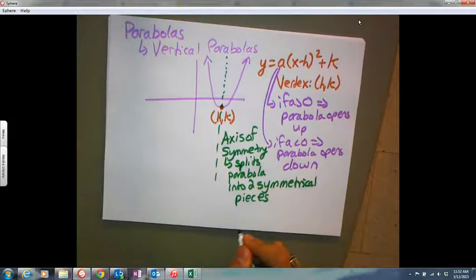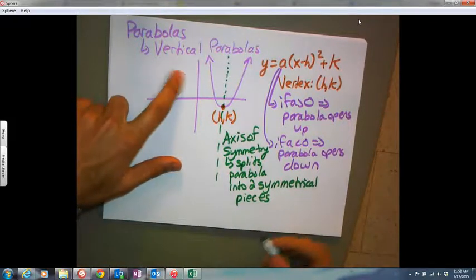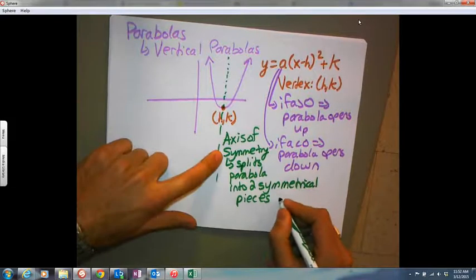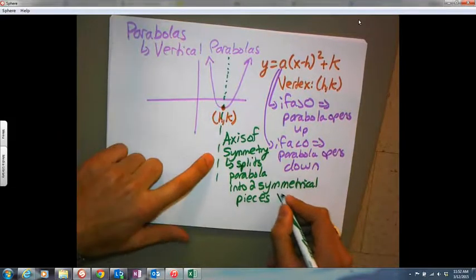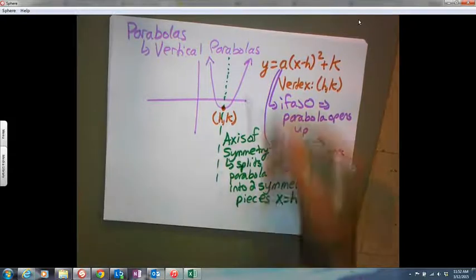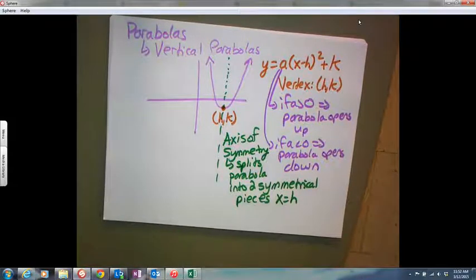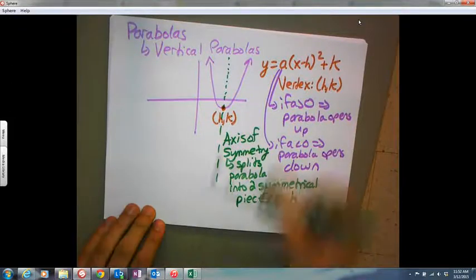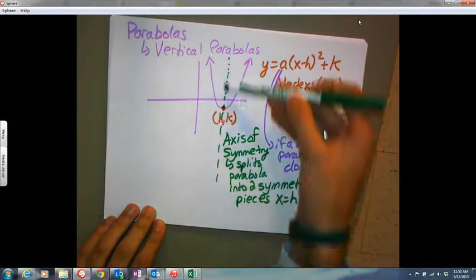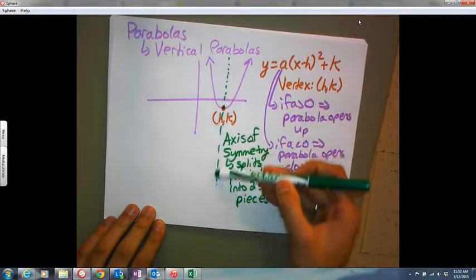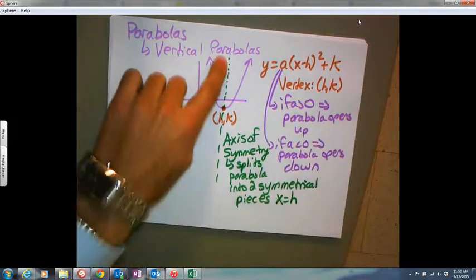And for vertical parabolas, we have an equation for the axis of symmetry. Notice it's a line, x equals h. So it's the equation of this line. Why is it x equals? Because it's a vertical line. X is constant, that is to say, the same value at any point.